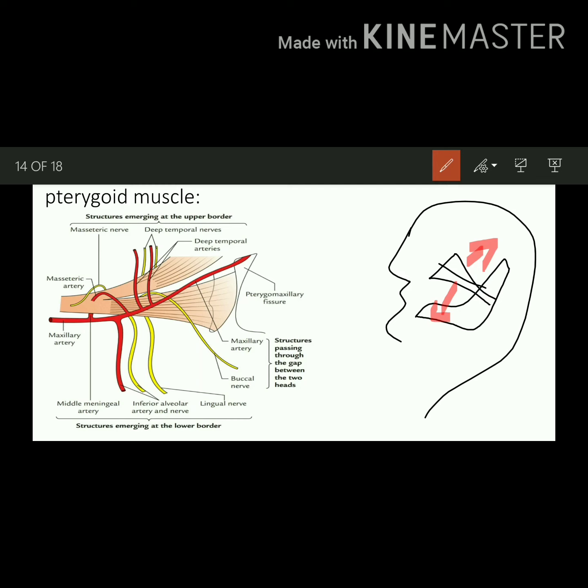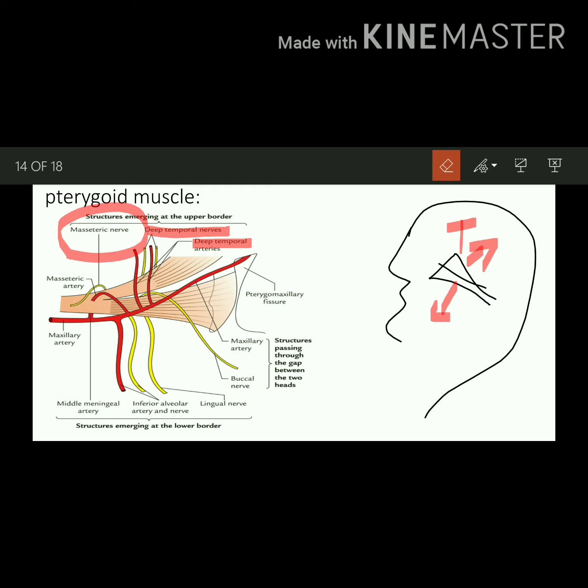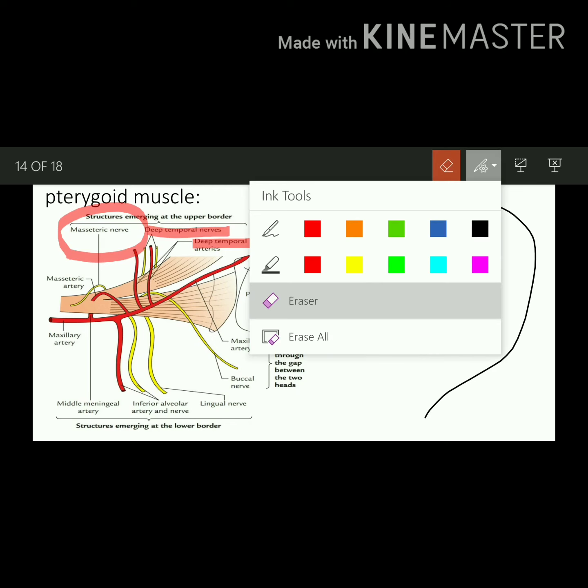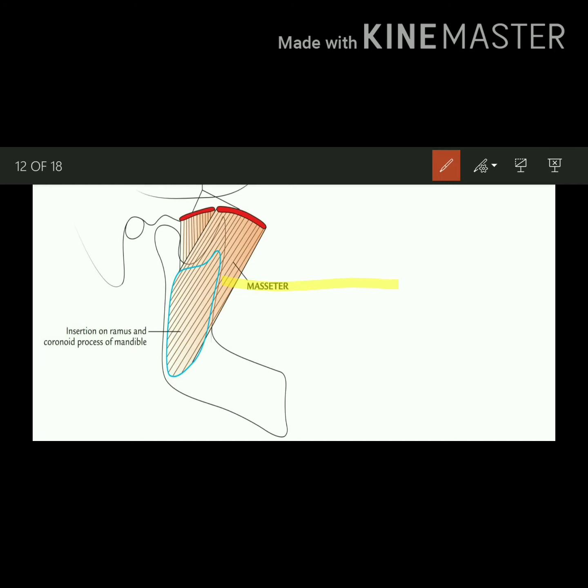Whatever is going up, this being the temporal region, is the deep temporal nerve and deep temporal artery, and the masseteric nerve, because the masseter muscle is attached to the zygomatic arch. If the nerve arises from here, it can supply the masseter muscle, so it has to go up.